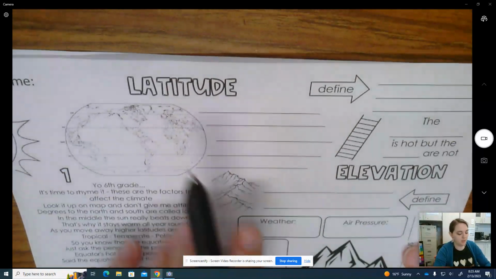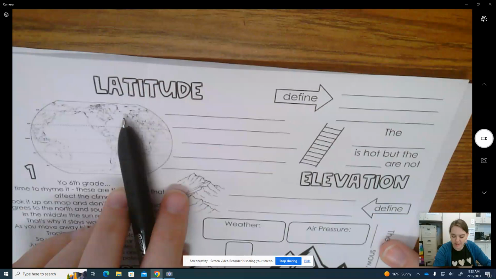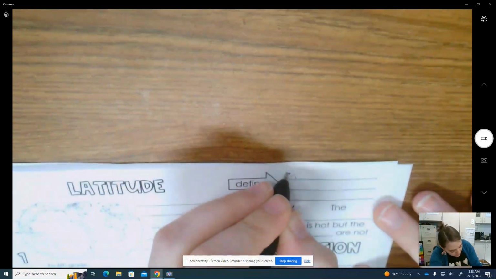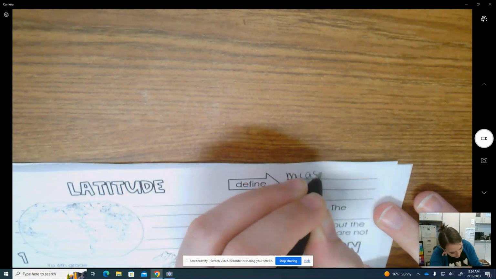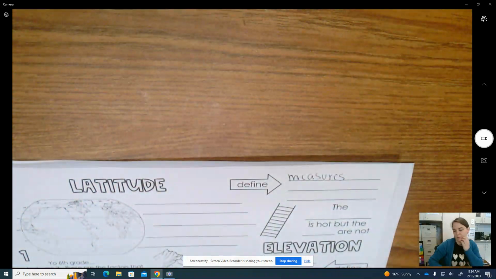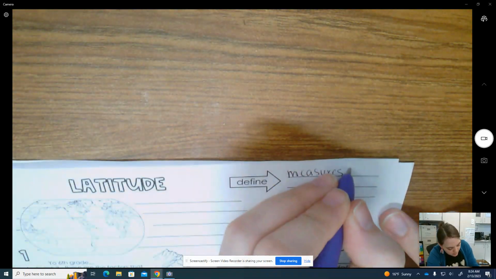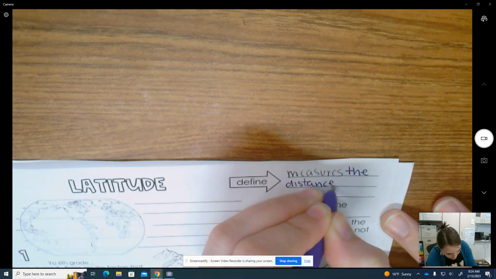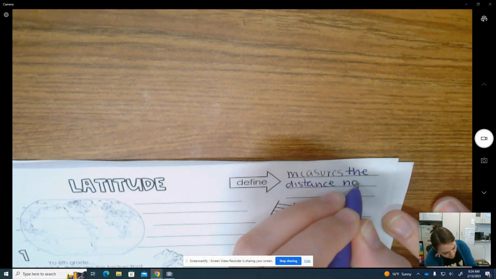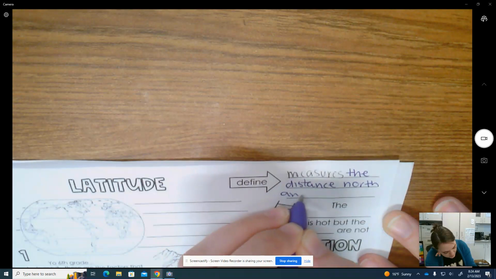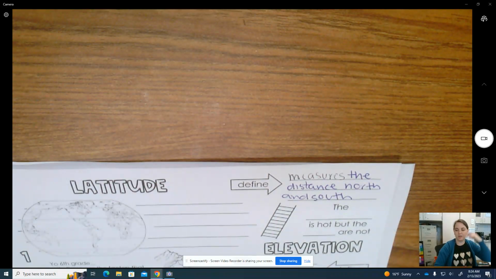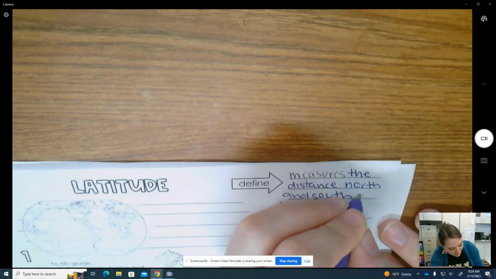So using this information up here, latitude. Latitude measures the distance north and south of the equator.